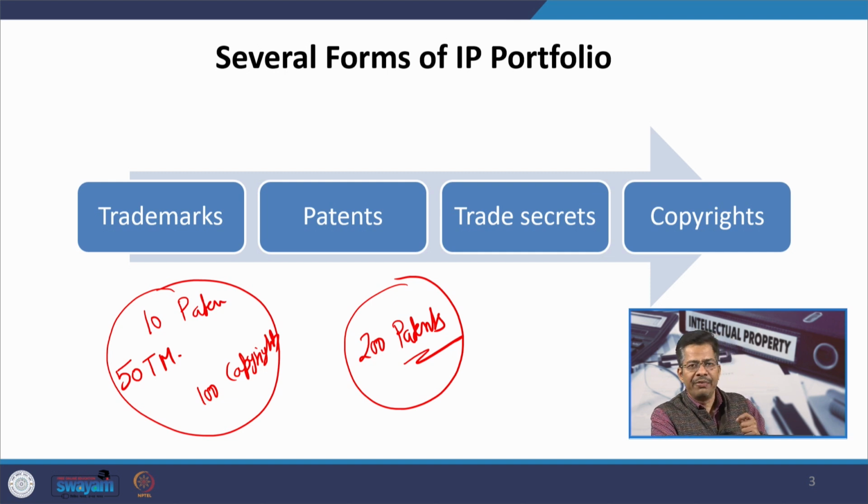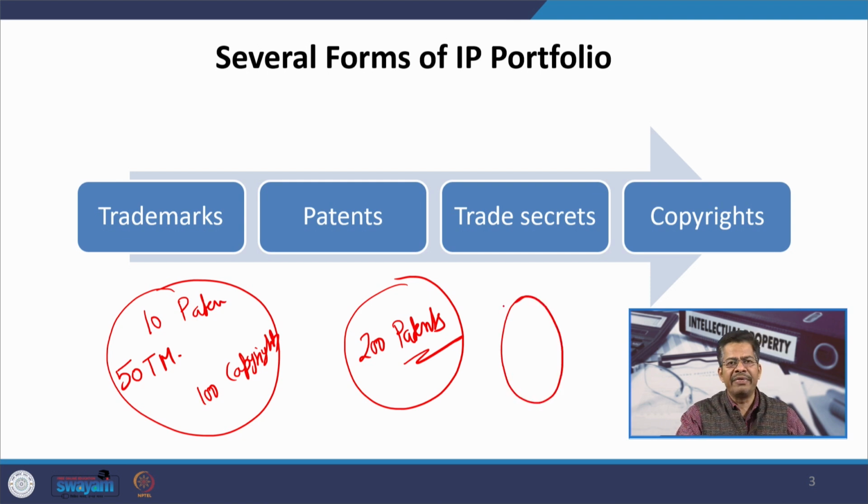So, an IP portfolio may have different types of IPRs in that basket, or only one type of IPR, but in plenty, like 200 patents or even more patents are possible these days. So, how are you managing different combinations of IP in your portfolio? That becomes very important for all of us to understand.